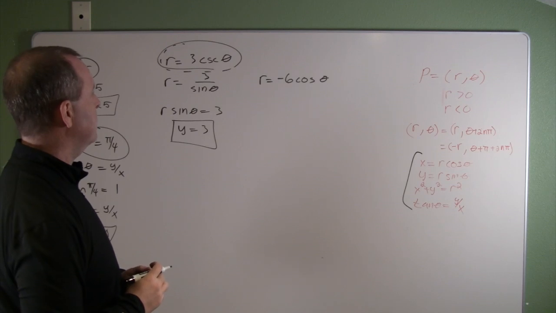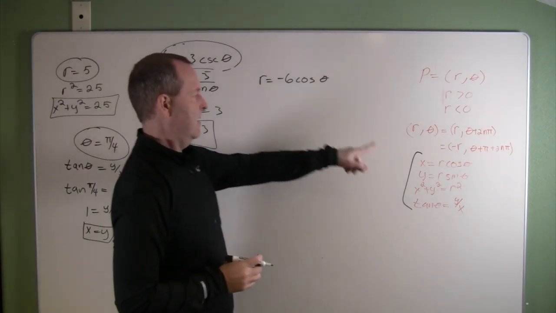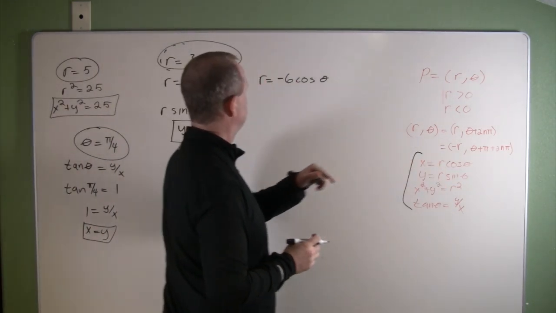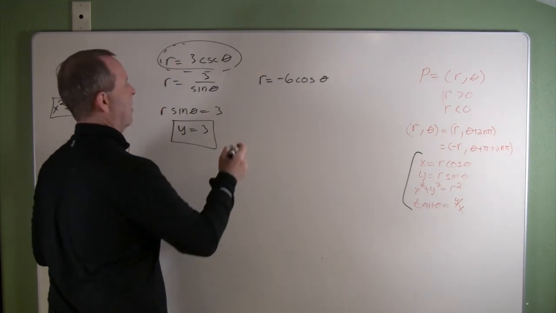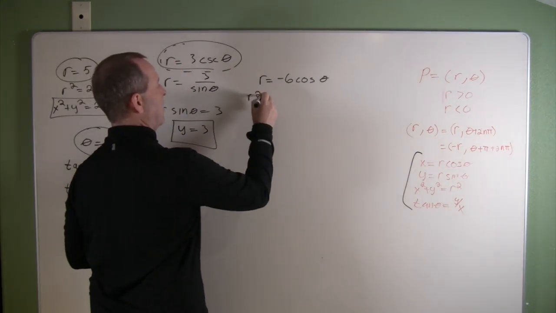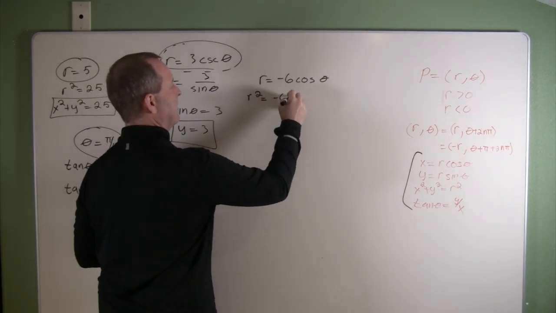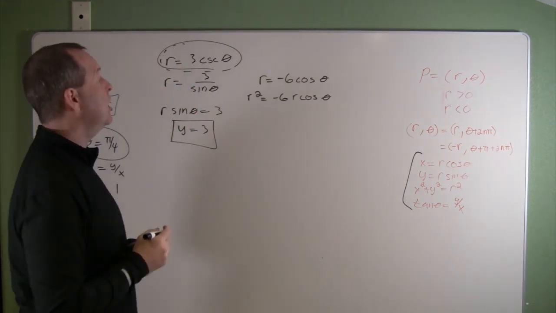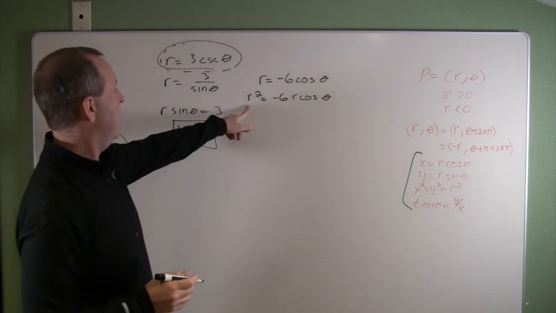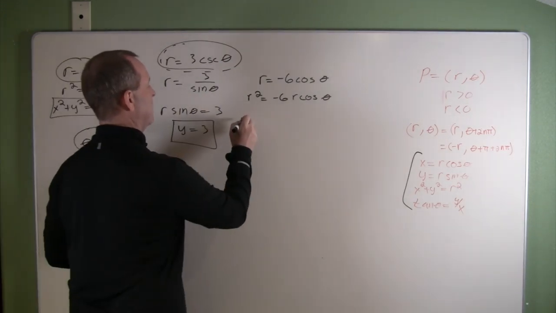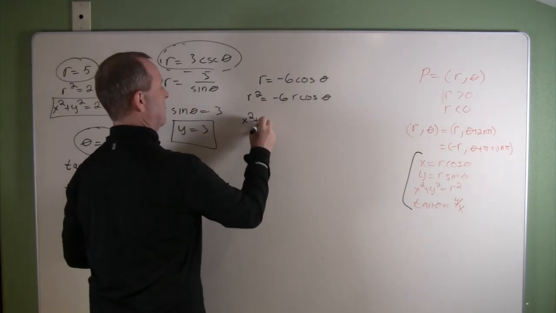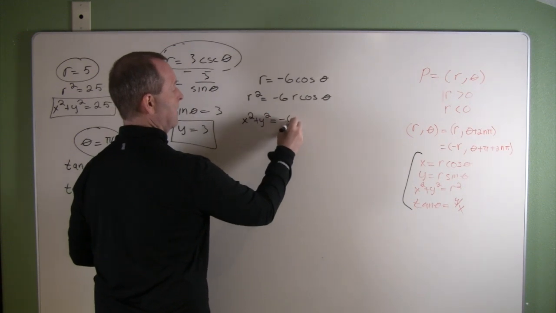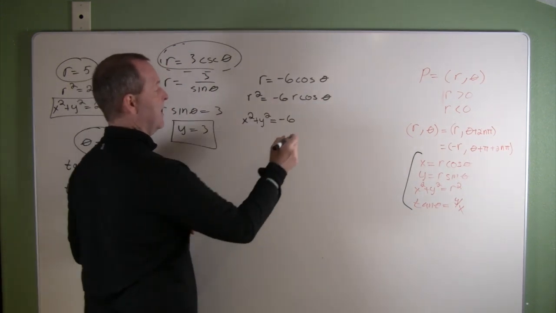I have cosine theta, and I'd love to have an r in there. So let's multiply both sides by an r. I have r squared then equals -6 r cosine theta. That's good because I know what r squared is, that's x squared plus y squared, and -6 r cosine theta is -6x.